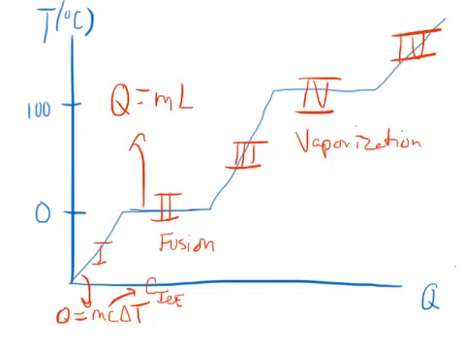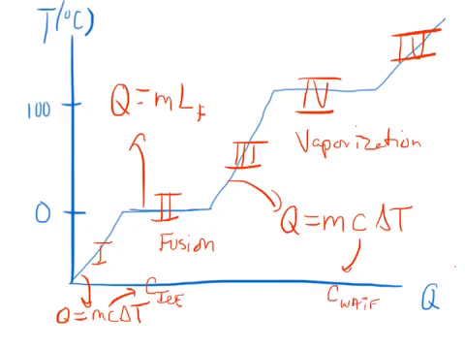L is what's called the latent heat of fusion. We're going to abbreviate it with LF for latent heat of fusion, or the amount needed to change the phase. And back over here, now we're changing temperature. Q equals mc delta T. But again, notice this C now is the C for water. And they are different. Water and ice are different.